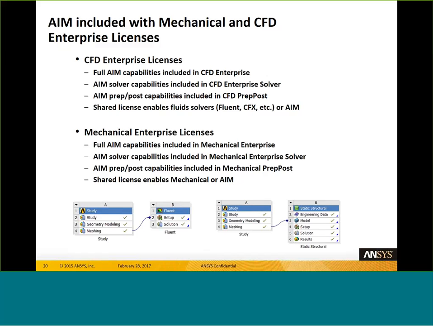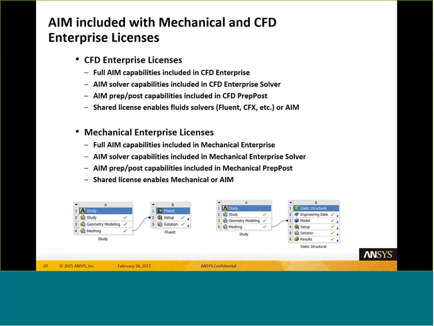So this gives you access to AIM either through the integrated enterprise license or through the component prep, post, and solver licenses. And this is true for both mechanical CFD and mechanical enterprise. It's a shared license in both cases, but if you're an enterprise customer, you now have access to AIM. You could try out some of the pre-processing functionality. If you're a CFD user and maybe you have to do some structural requirements, this now provides you some structural capabilities in your CFD license.